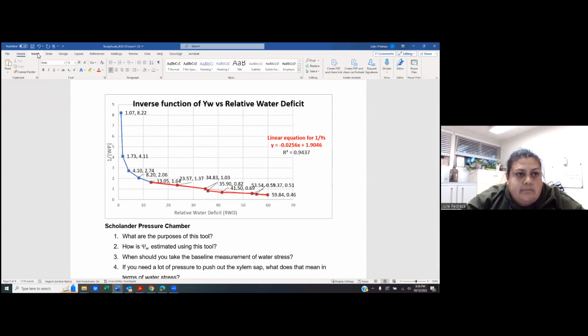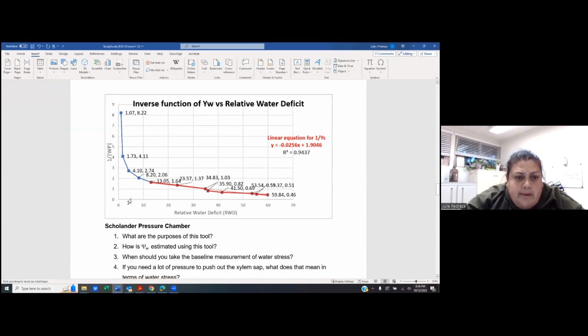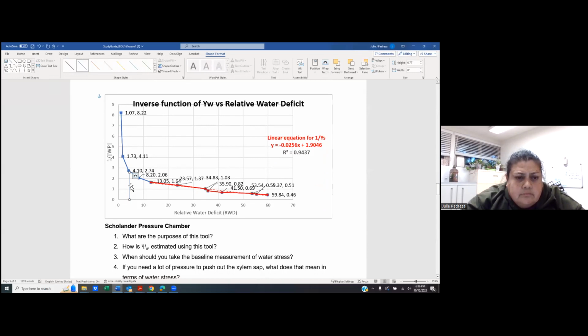Let's make a line. Okay, so that means 1 over water potential is what? 2.5.